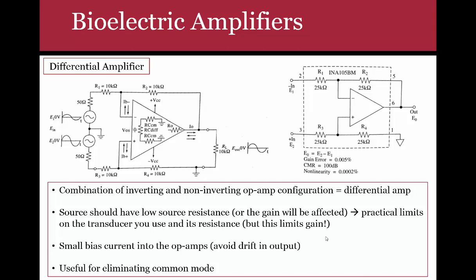To get rid of that noise that's inherent in the electrodes, you can use a differential amplifier to effectively delete that noise. This is how it works. On one end of the differential amplifier, you have one of your signals. On the other end, you have another signal.